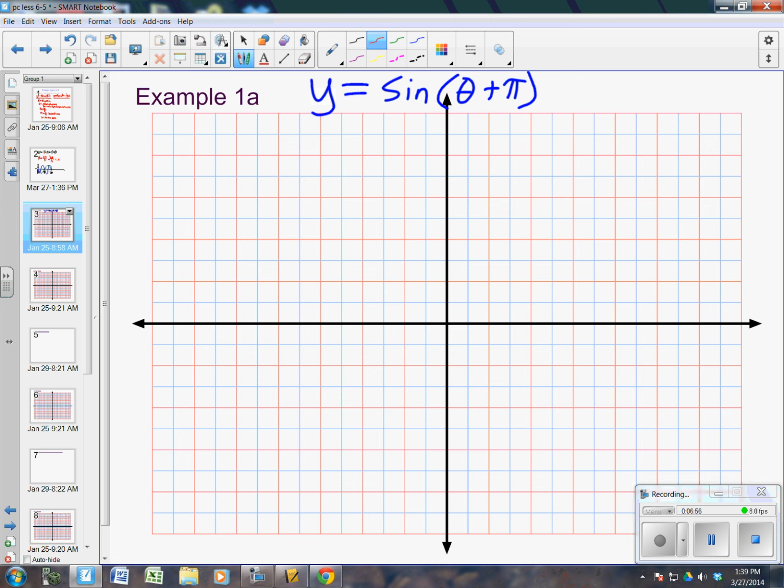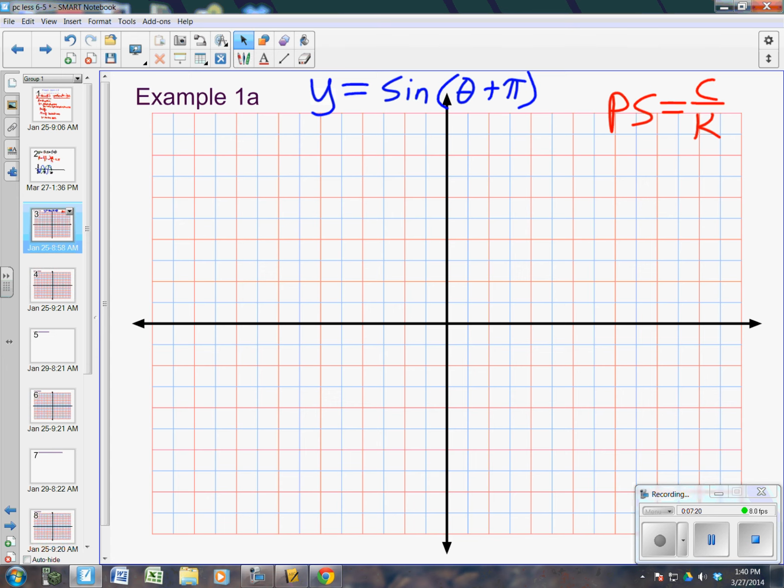C over K. So phase shift equals C over K. Well, what is C and what is K? Is C pi? It's actually, C is going to be negative pi. Yeah, C affects the phase shift. C affects the horizontal shift. It's one of the numbers that affects the shift. Okay?